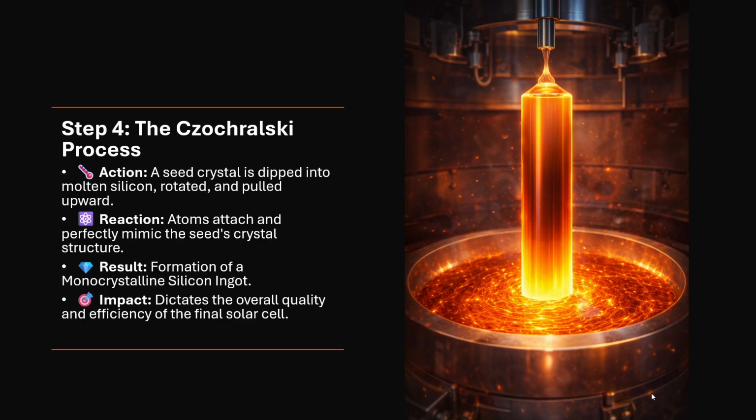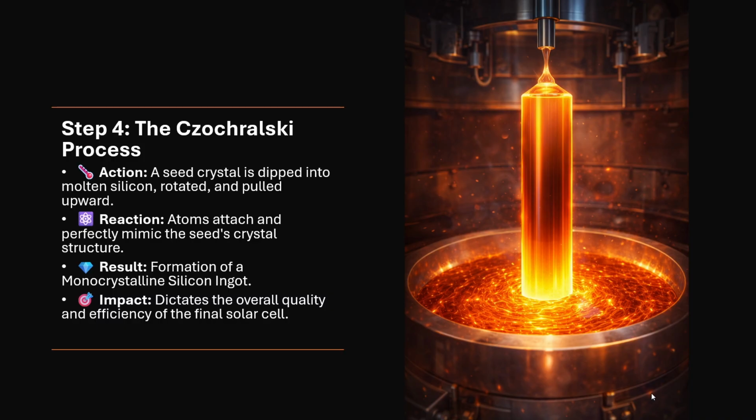So the next step is cooling. This is step five. Once the ingot is formed, it is cooled very carefully. Cooling must be controlled by experienced professionals. Why? Because sudden cooling creates cracks. This ingot is very costly. It can also create defects in the crystal.